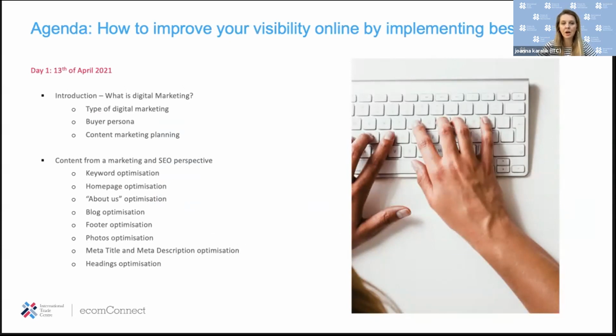We'll try to understand how to do keyword optimization, homepage optimization, how to create a good about us, how to create a blog, footer optimization, photo optimization, meta title and meta description optimization, and headings optimization. So this is the agenda for today.